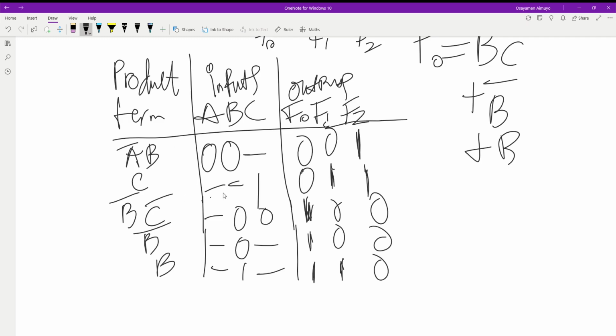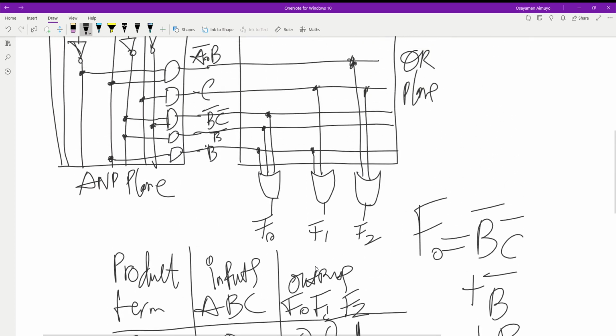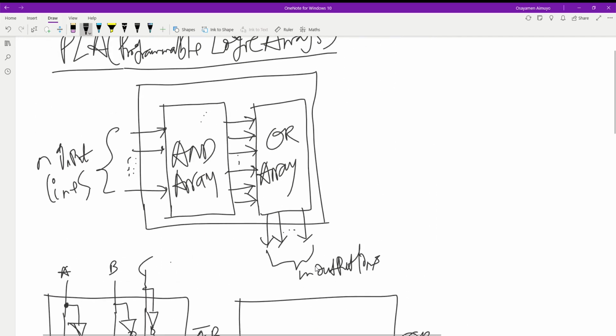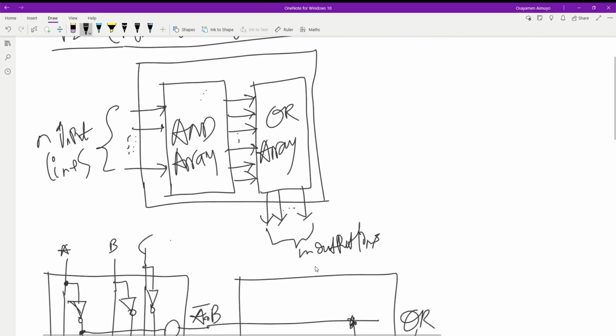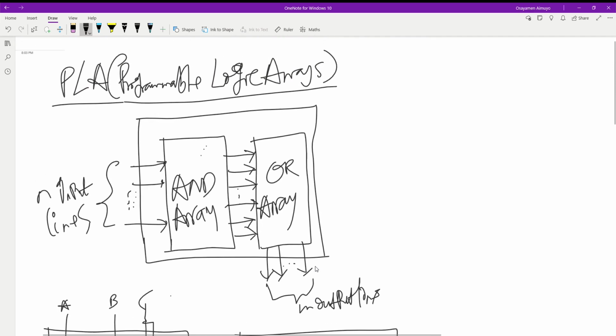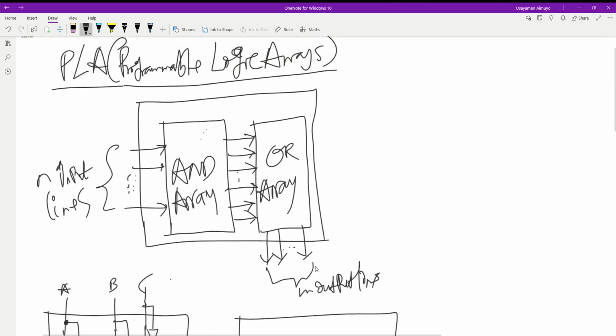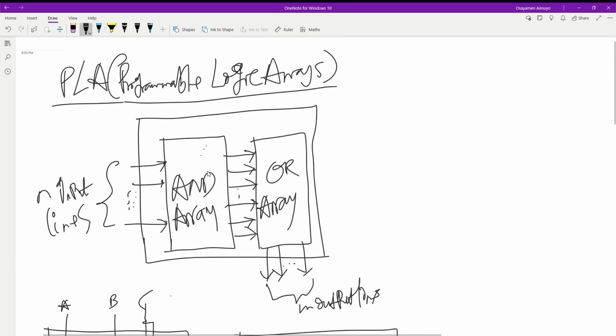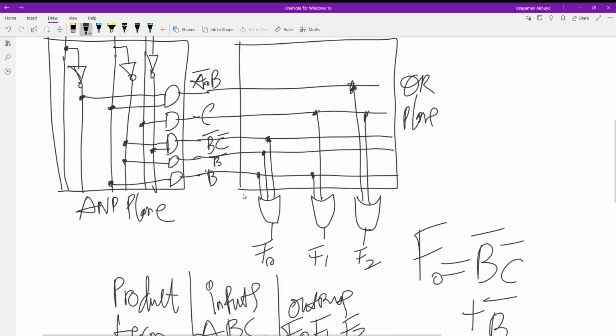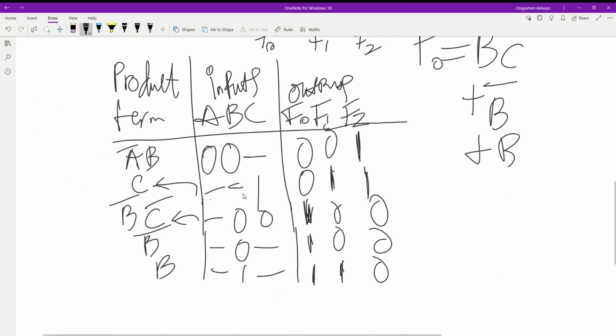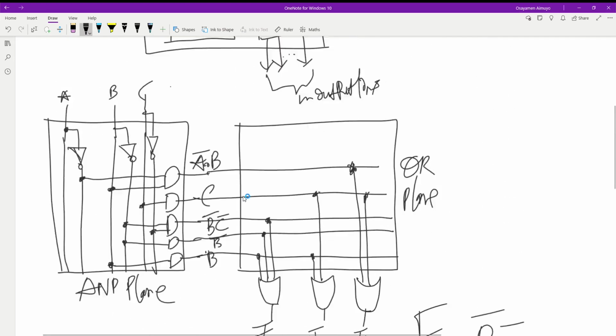The same applies to this one, for C. And then you have B and C as well, and then B bar and B. And yes, so this is basically it for programmable logic arrays. I would say just recall your structure and remember that you have an AND array and an OR array that is programmable. And remember this quasi-truth table as well.